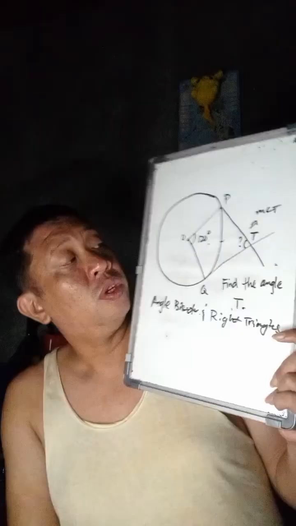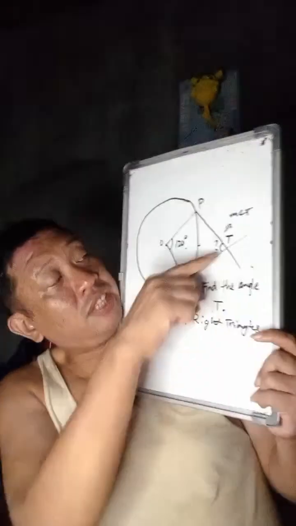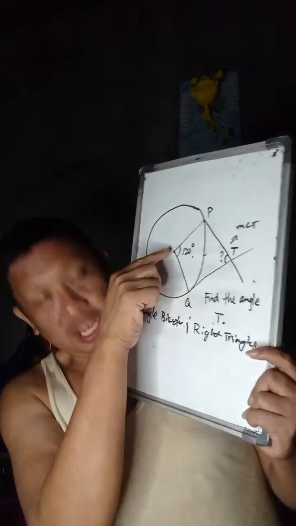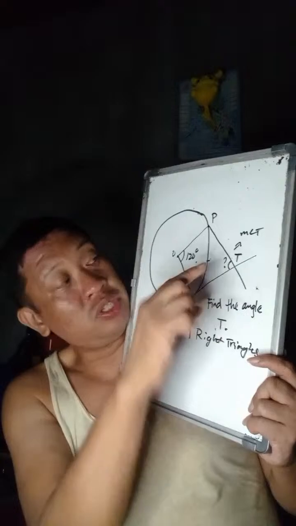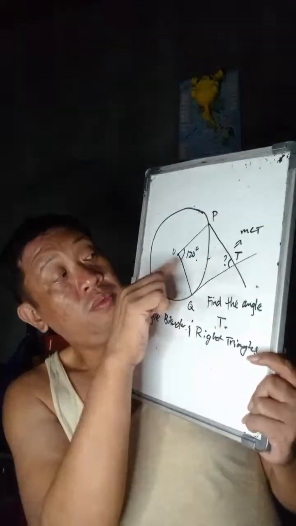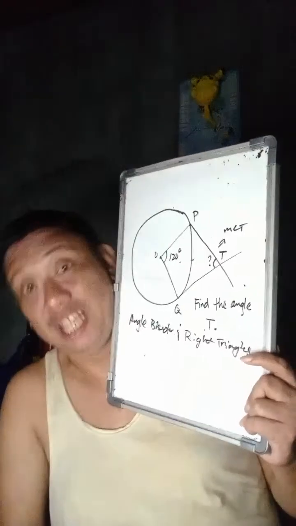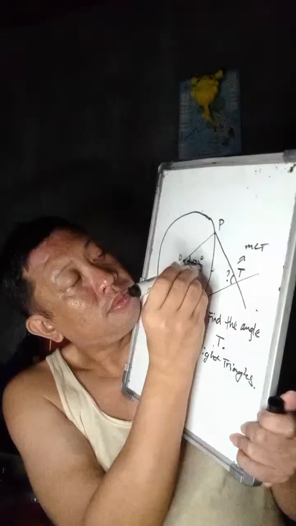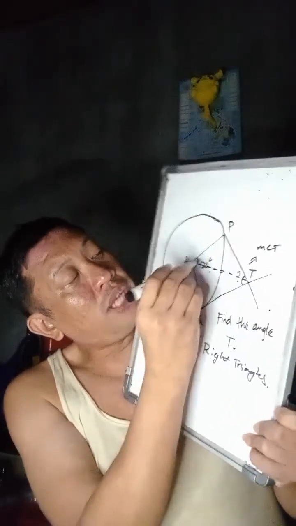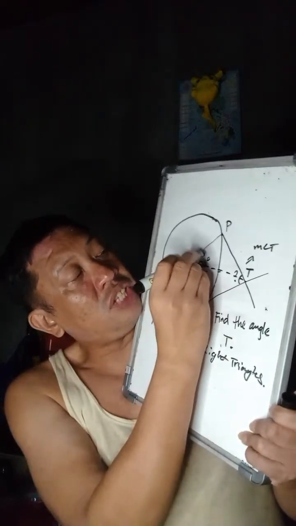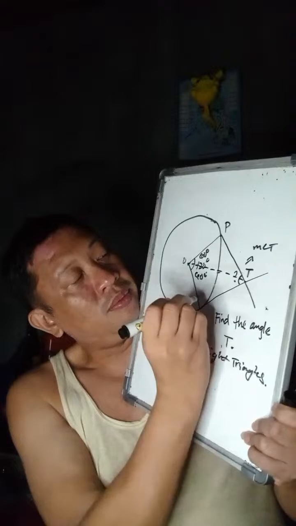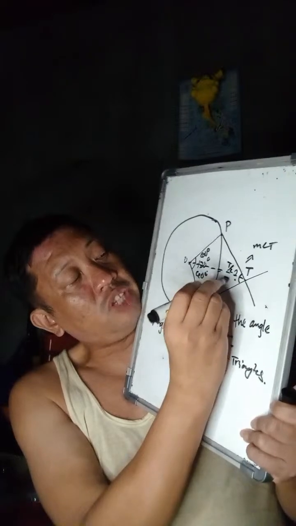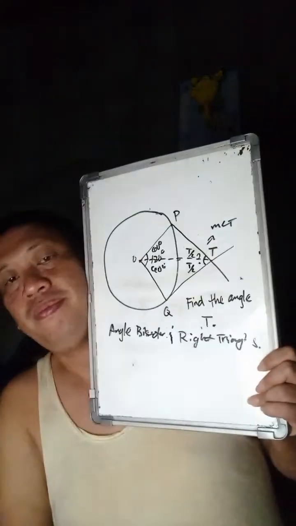Okay, first, we need to bisect angle T exactly at the middle up to its opposite side. Now, of course, because angle T is opposite to angle O, 120 will also be split into 2. So let's take this in. And 120 now becomes 60 here and 60 here. So for angle T, you will have T over 2 here and you have T over 2 here. So it's split at the middle. Okay?